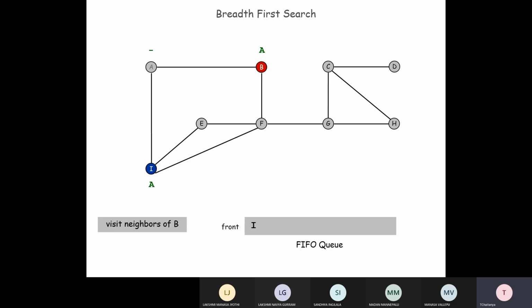Now let me consider B as the node. From B, what are the neighbor nodes?